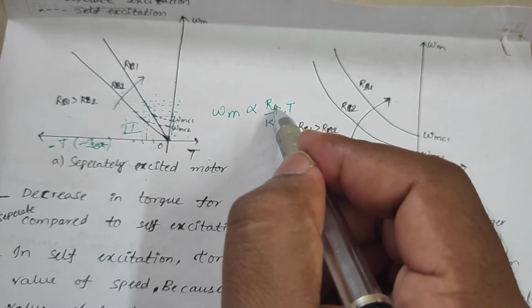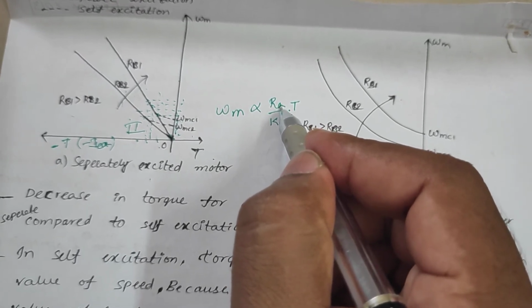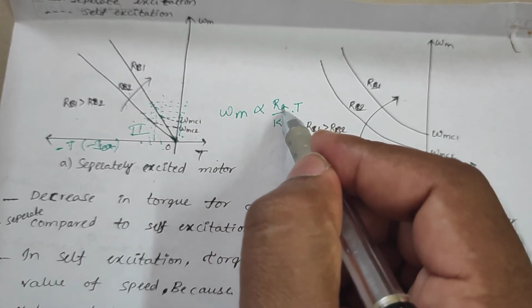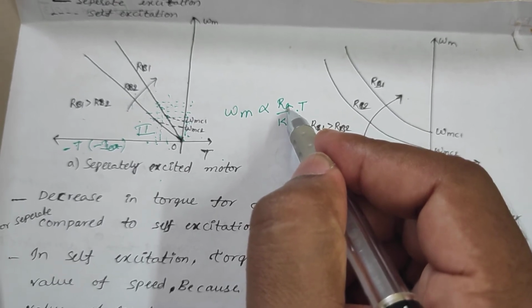RA is in series with the braking resistance RB during the dynamic braking.